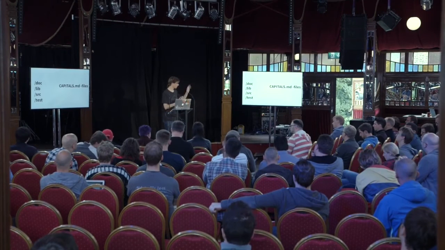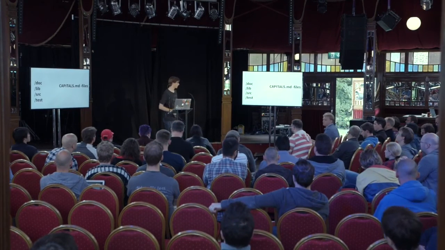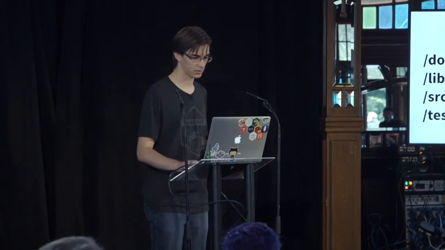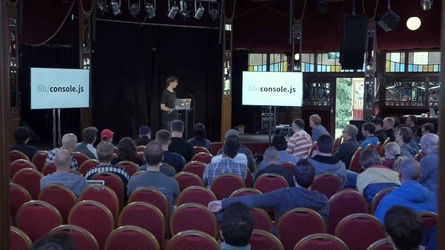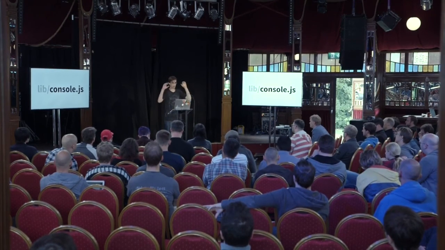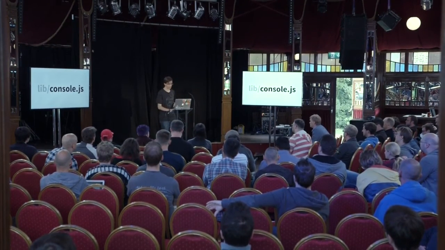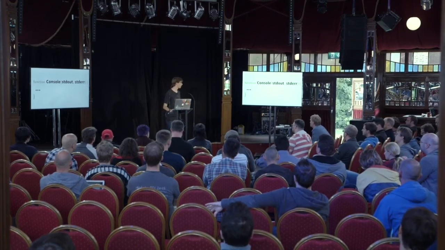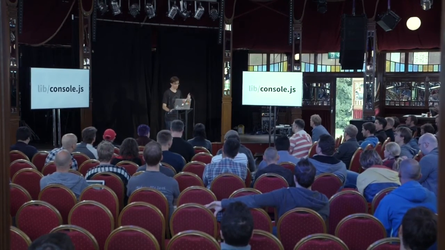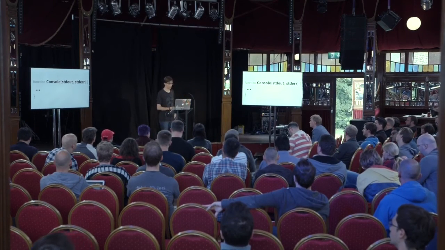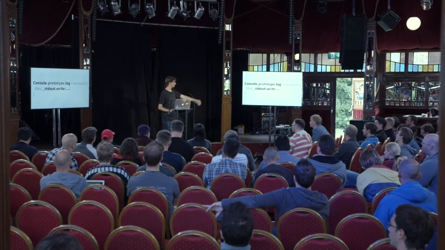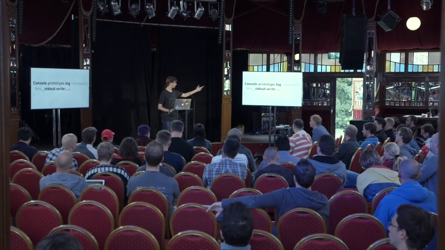So if we go back to these files that we actually care about, the src is mostly that C++, and we don't really want that, and we don't need tests for this yet. So let's look in lib, and you can find lib/console. Most of the stuff in lib is the things from core that you'll actually require. Basically, lib/console takes a stdout and stderr, and it just has regular JavaScript functions attached to it.